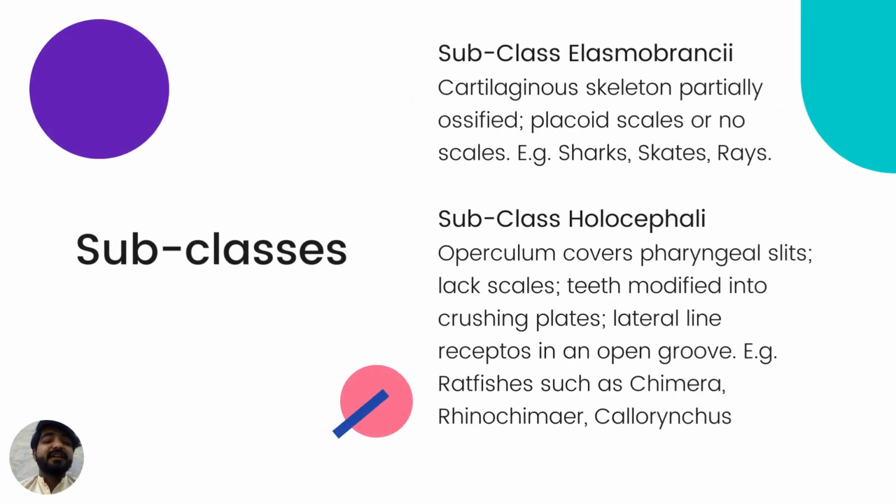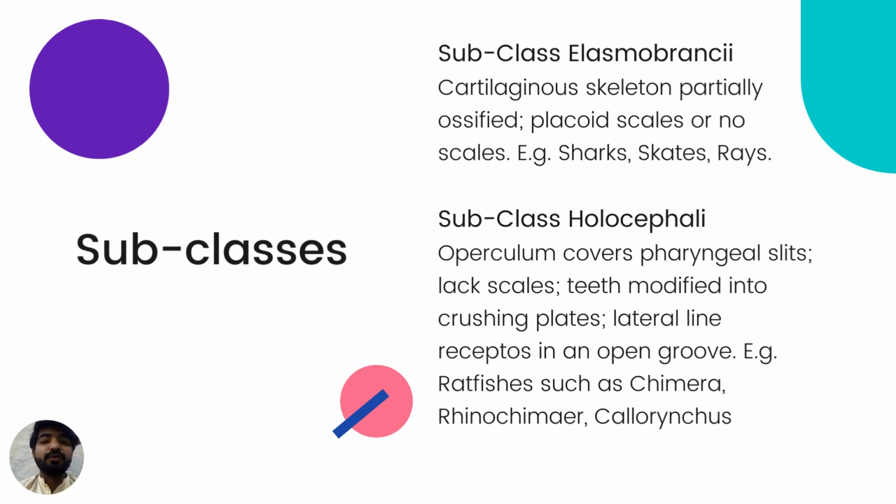And next are the subclasses of the class Chondrichthyes. The first is subclass Elasmobranchii. They have a cartilaginous skeleton partially ossified, meaning to some extent developed into bones. Ossified means developing into bones. They have placoid scales or no scales, like sharks, skates, and rays.